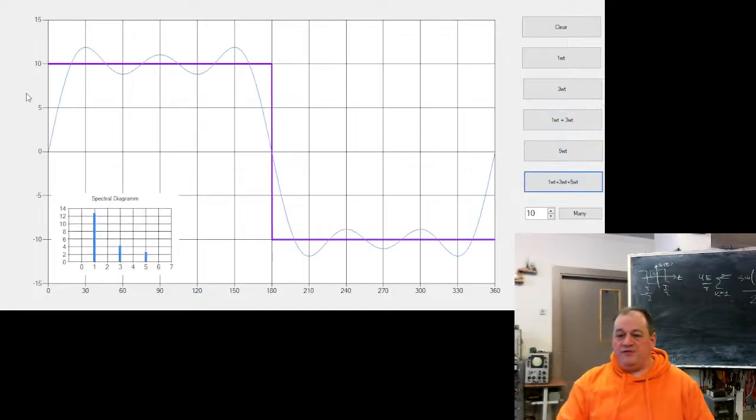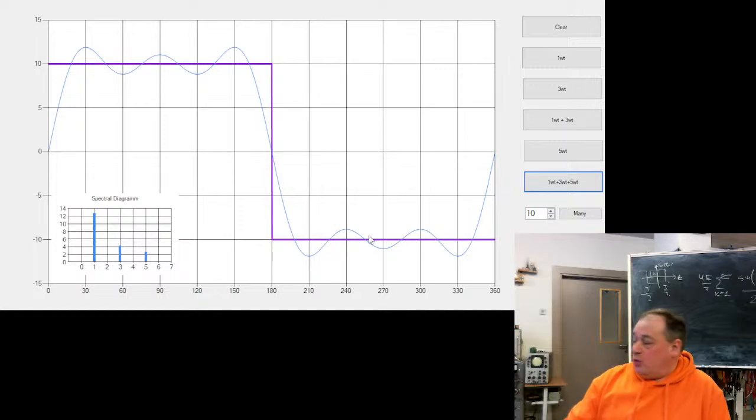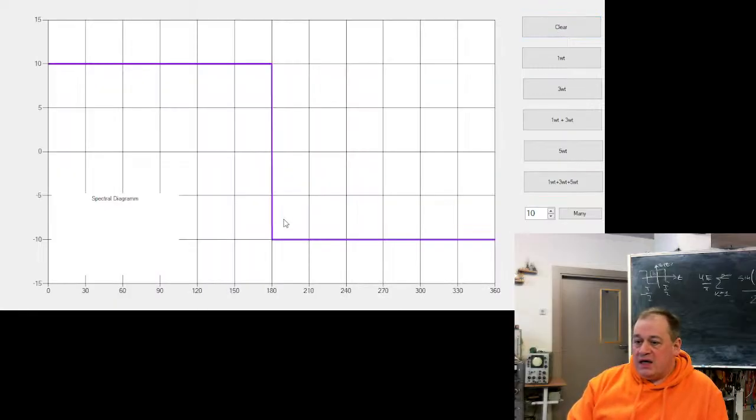If I add the fifth, this is what I showed in the generator. 100% of the base frequency, 1/3 of the triple, 1/5 of the fivefold, and so on.